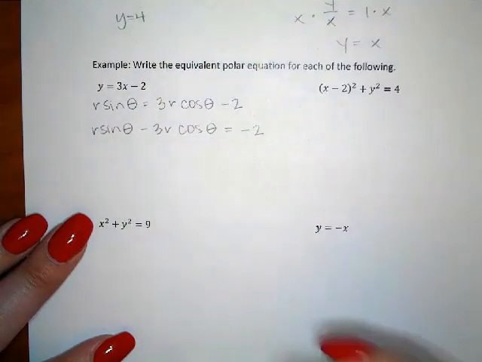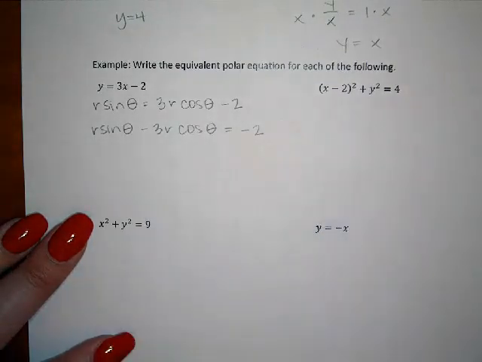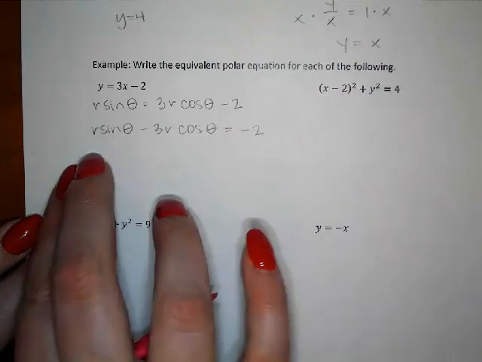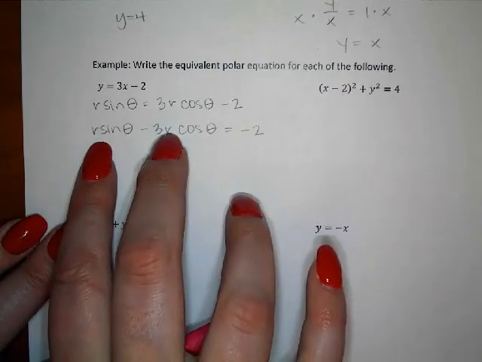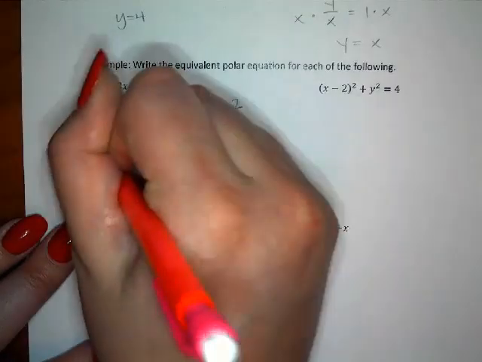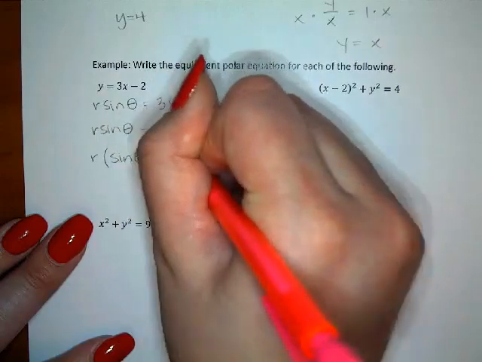And now, this is a strategy that you'll use on multiple problems, I'm going to take the r and factor it out. That way I have an r in two places, and that will make it so there's only one r. So factor out the r, and I get sine theta minus 3 cos theta.